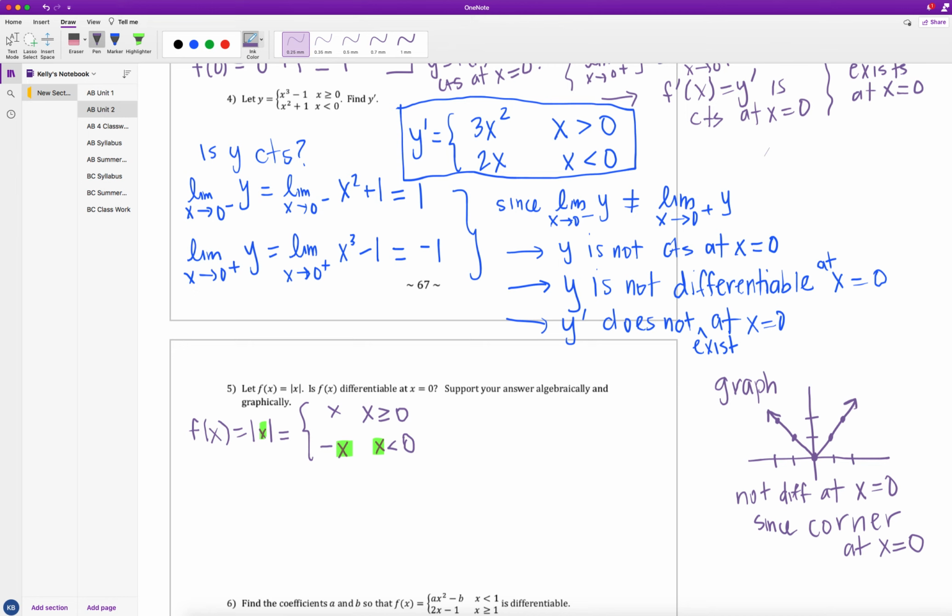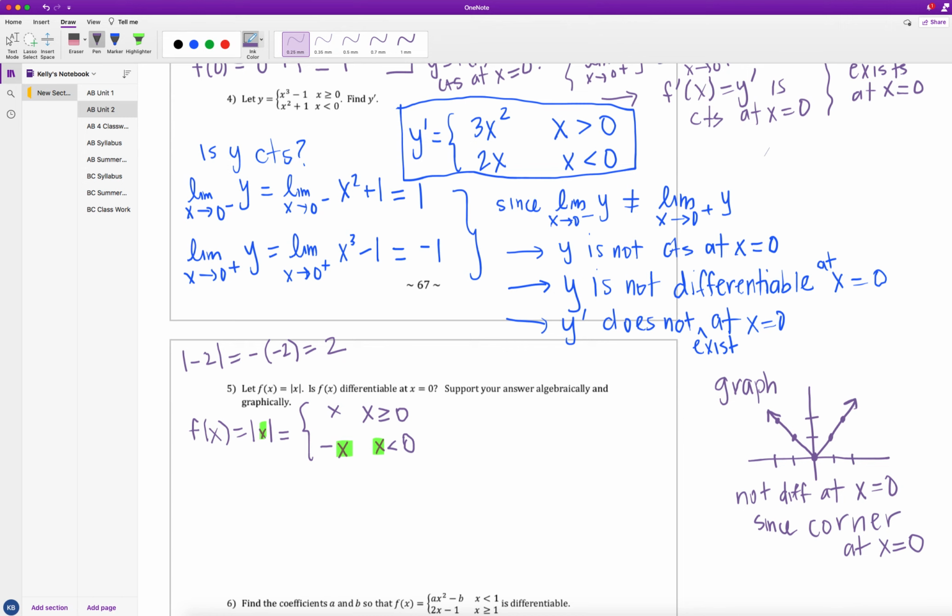Negative times that negative value gives us a positive number overall. Before, we had looked at taking the absolute value of negative 2. By definition, that would be a negative times that negative 2, which gives us that overall positive number. So that's an example of what's happening in this bottom case.